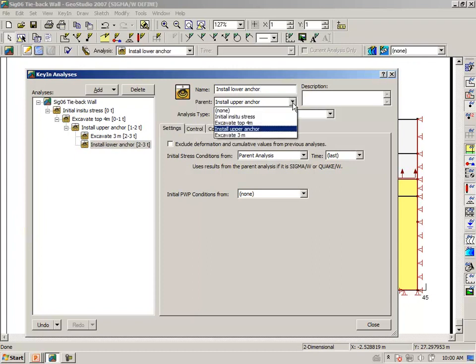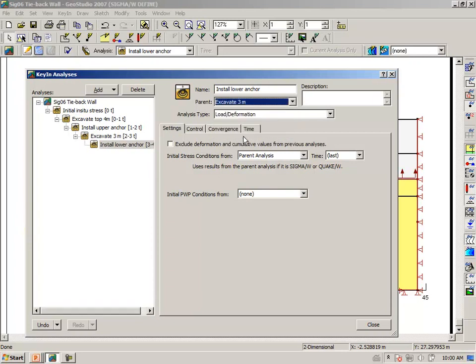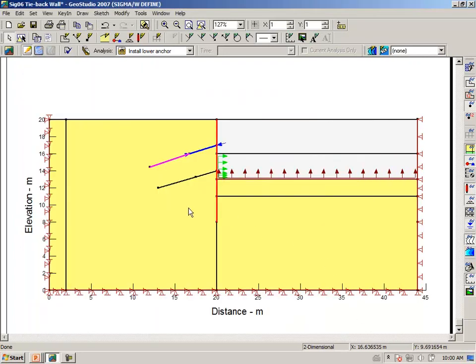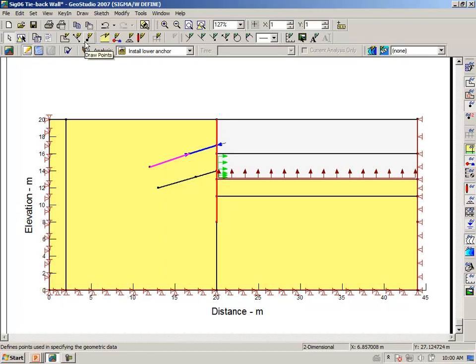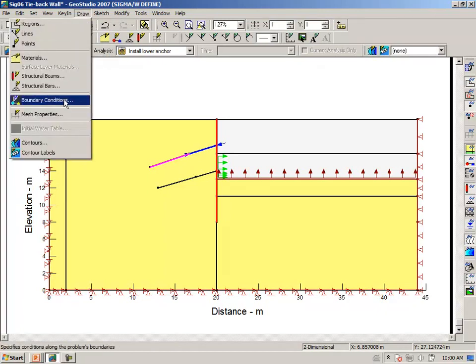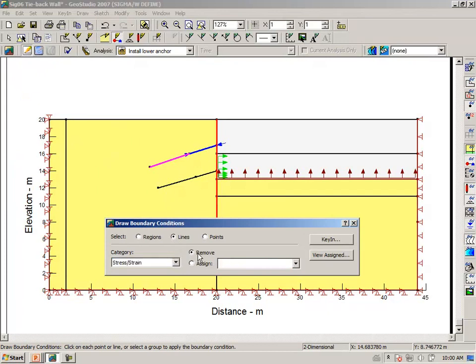The parent now becomes the excavate 3 meters analysis. And now, once again, we don't want to apply the excavation forces a second time, so we say draw boundary conditions, remove these excavation forces.